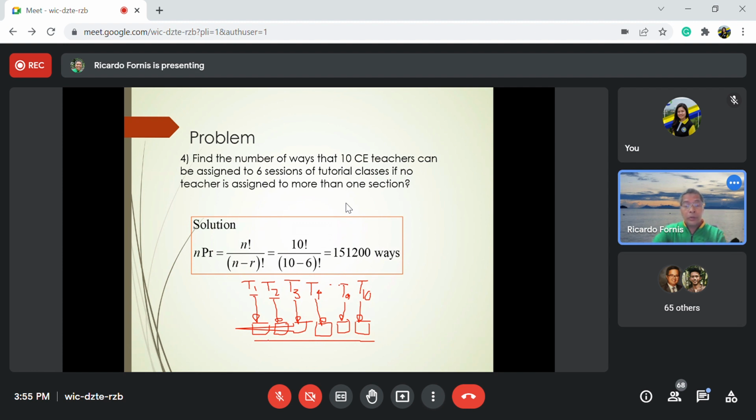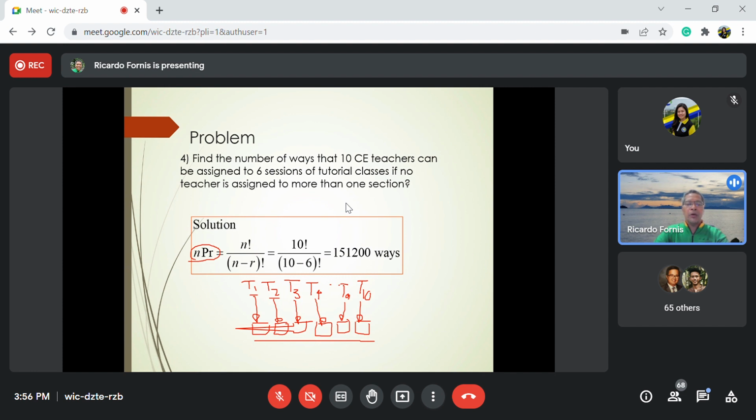This arrangement is different if you assign teacher number 10 here, because probably the course here is algebra and here trigonometry. These are 6 sessions of tutorial classes, and no teacher is assigned to more than one section. So the solution is nPr, because you choose 6 out of 10.